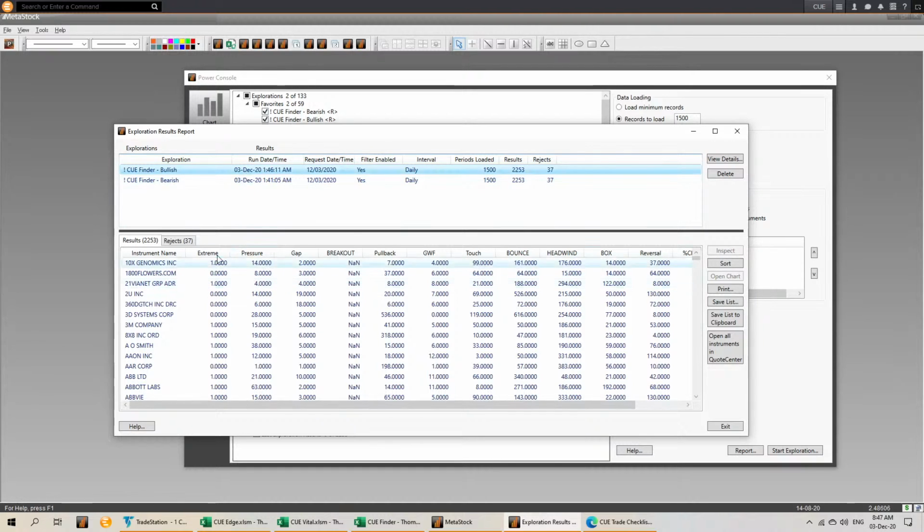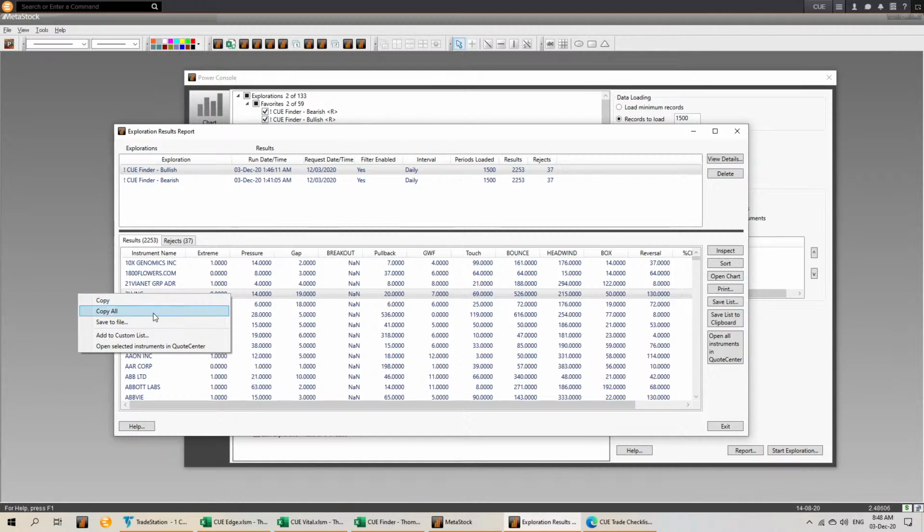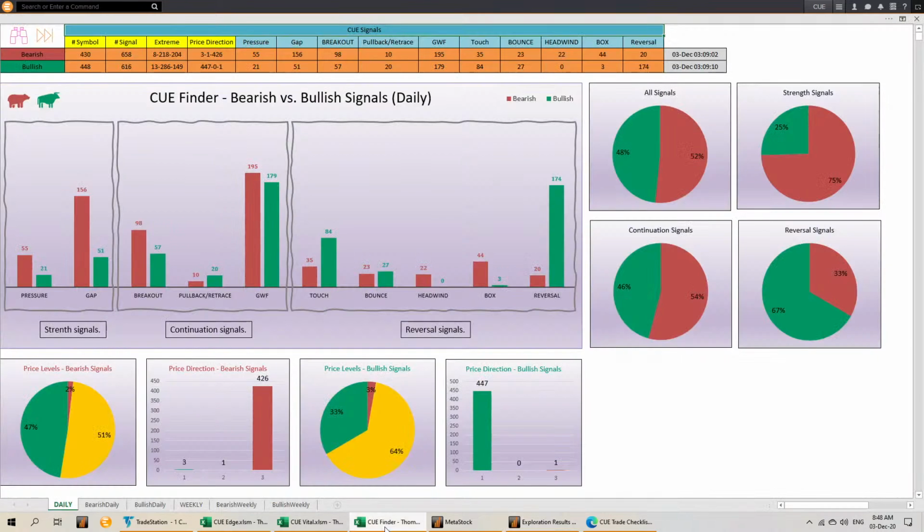To transfer the data, you choose one exploration at a time, come to the result tab, copy all, go to QFinder. Because this is daily data, I'm going to put it on the daily tab. How do I put it?